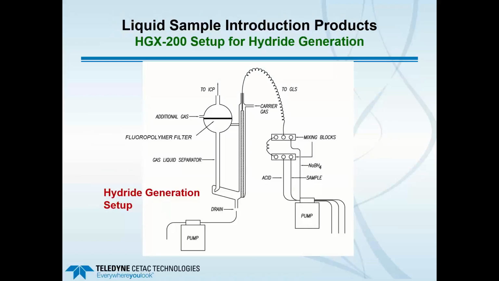So in the general hydride generation setup, and this is a more expanded schematic, on the left-hand side, again, you see the gas-liquid separator. But on the right-hand side, the HGX200 will have a series of mixing blocks, which can be used to then mix in the sample with the appropriate reducing agent, in this case, sodium borohydride.